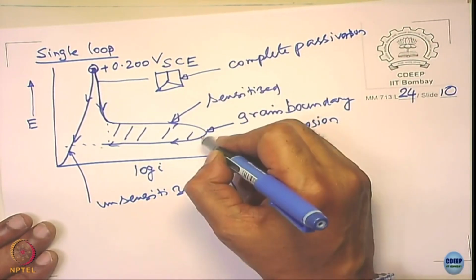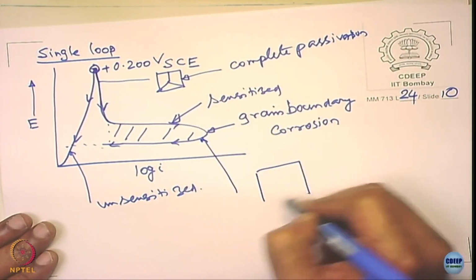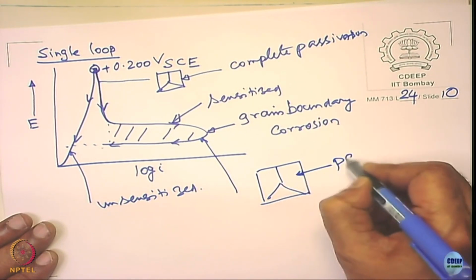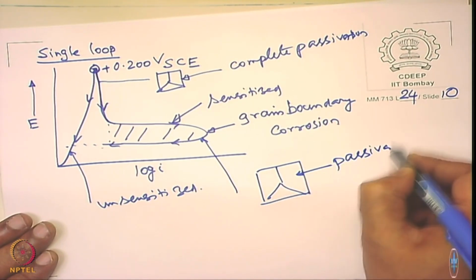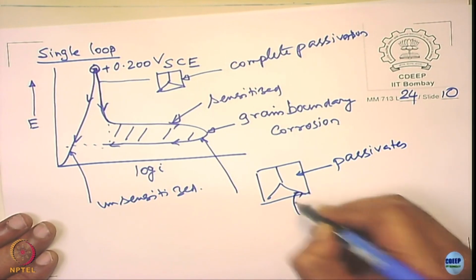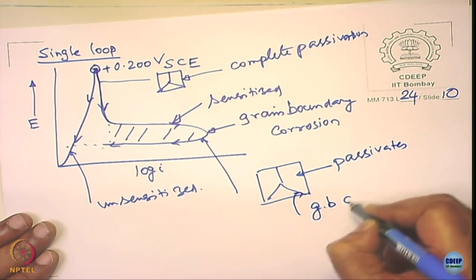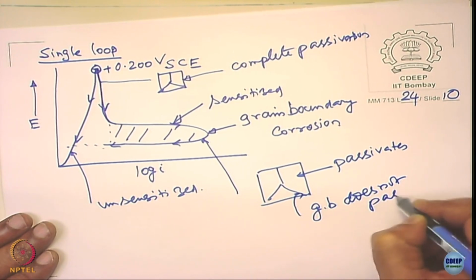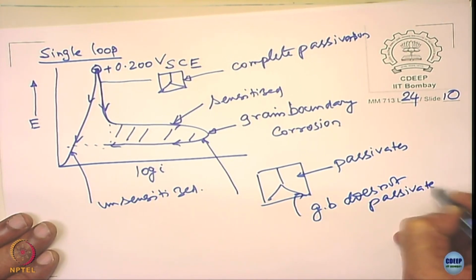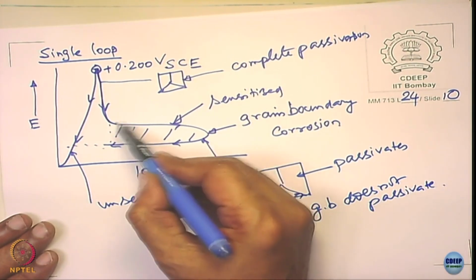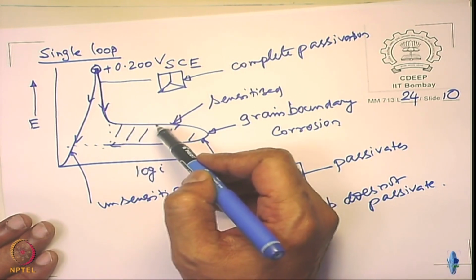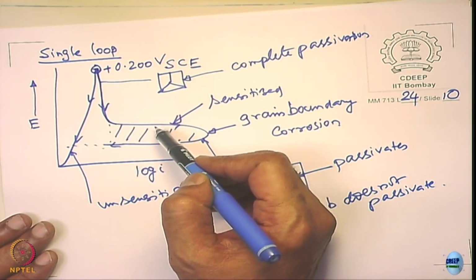But here what happens? The grain passivates, but the grain boundary does not passivate. So the current that is flowing here is essentially due to the dissolution of the grain boundary.